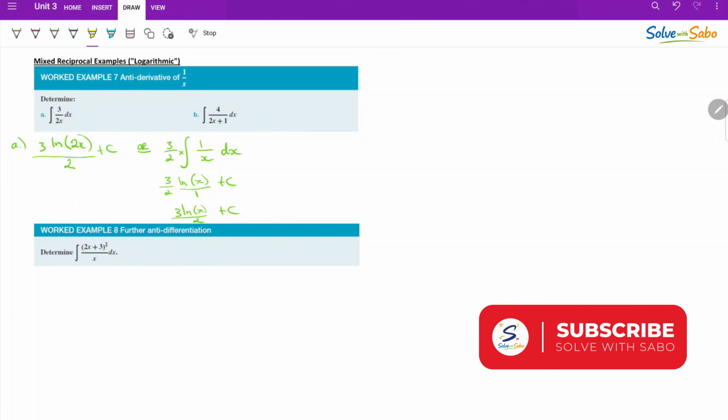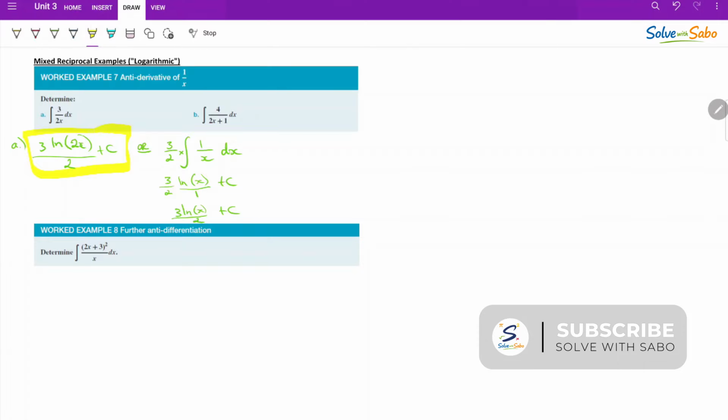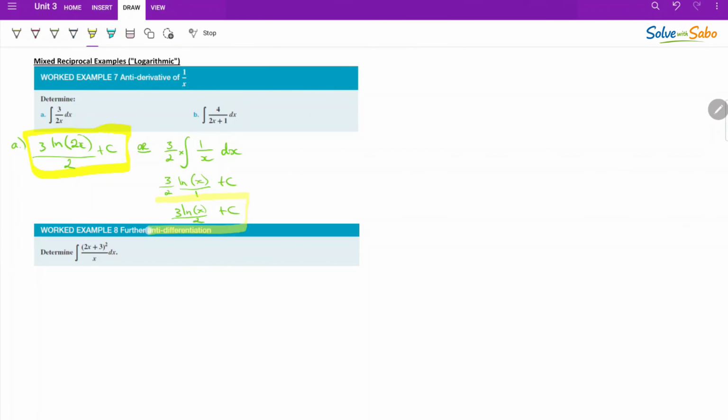Now, you might be looking at this and saying, hold up, this is not the same as this. Well, yes, but let's show you what's actually happening. Again, put your thinking cap on. I'm going to show you what I can do with this function here.